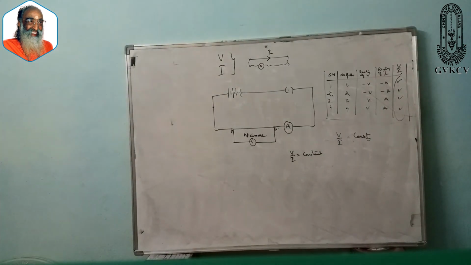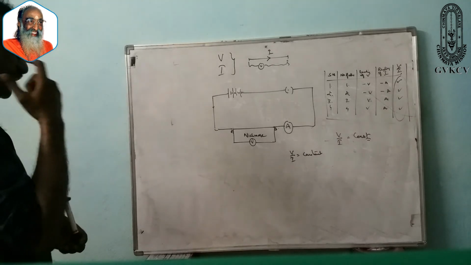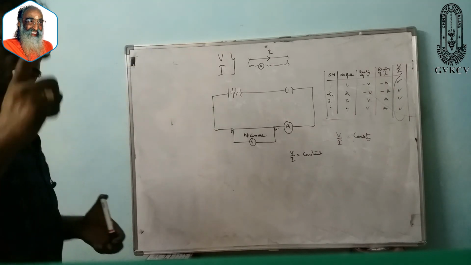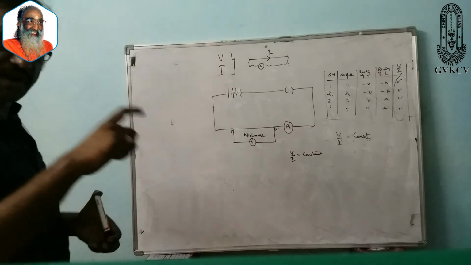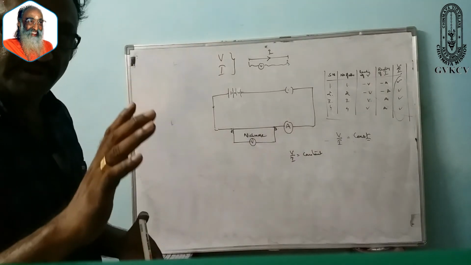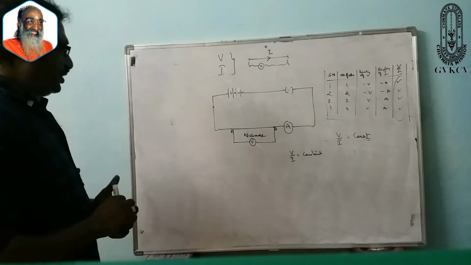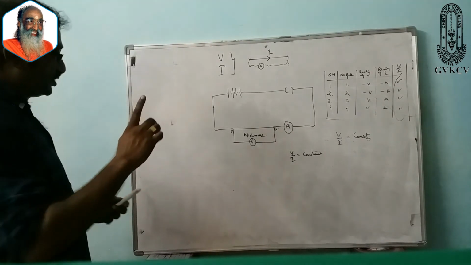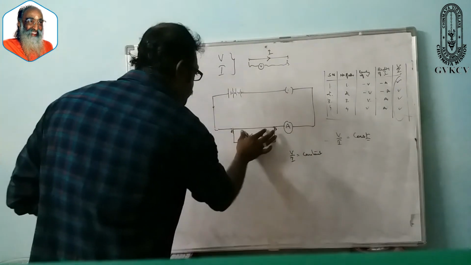From this experiment we might observe one thing. Our first question was, is there any relation between V and I? Yes, there is some relation between V and I. What is the relation? V by I is always constant in the case of a conductor.